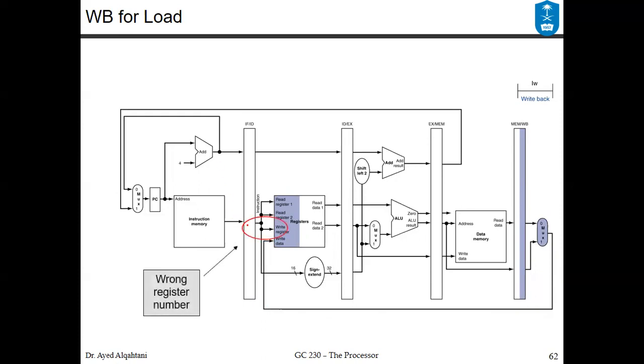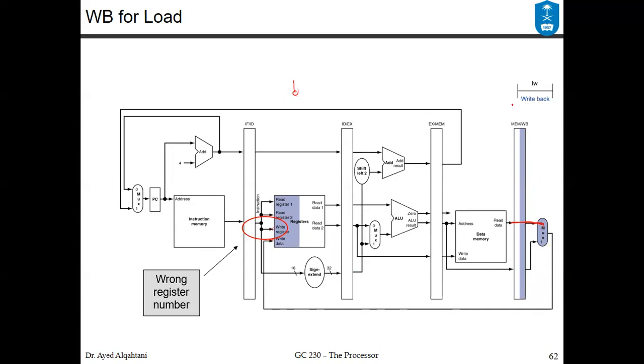This is actually the wrong register number for the write back. And the reason is, here you are doing the write back, so because it's a load, you will choose this one. And then you will write back here. You get the data. The data, you got it correctly. And you are writing it back. But the problem is, where do you write it back? The register name is actually the name of the current instruction that is running here.